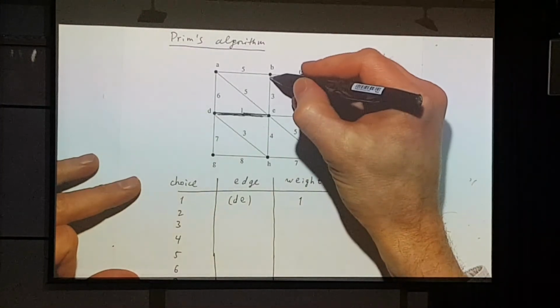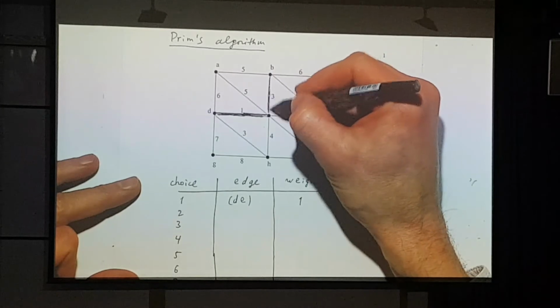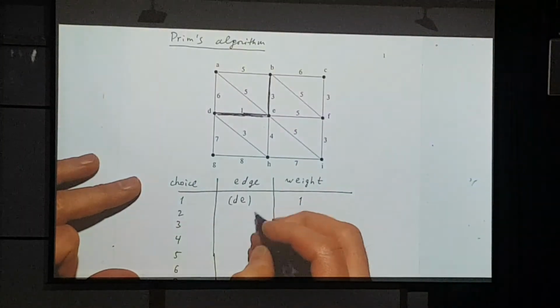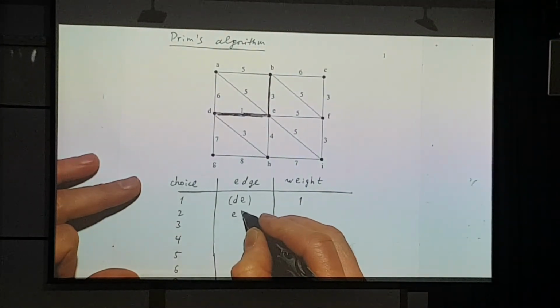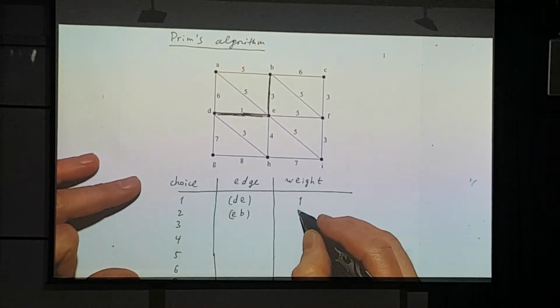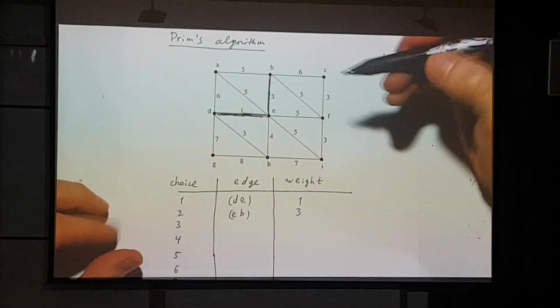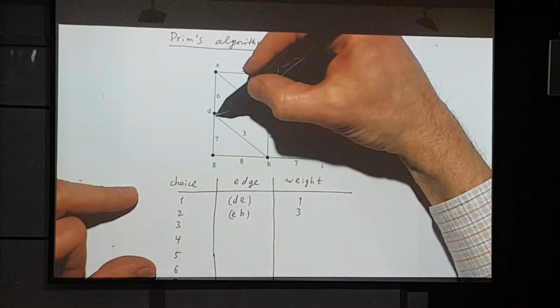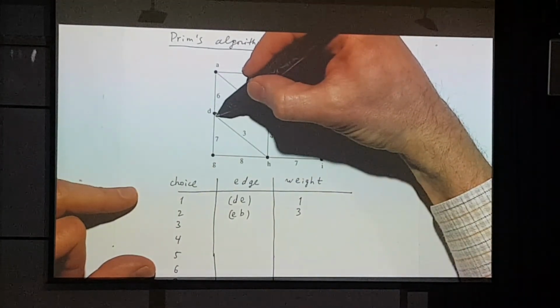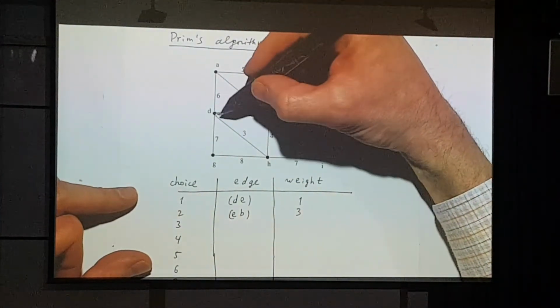Okay, so I here will choose B. So that's adding EB with weight 3. And that didn't change my options in terms of weight 3. So next step, I must add DH, because it's the smallest weight I can add to the tree.